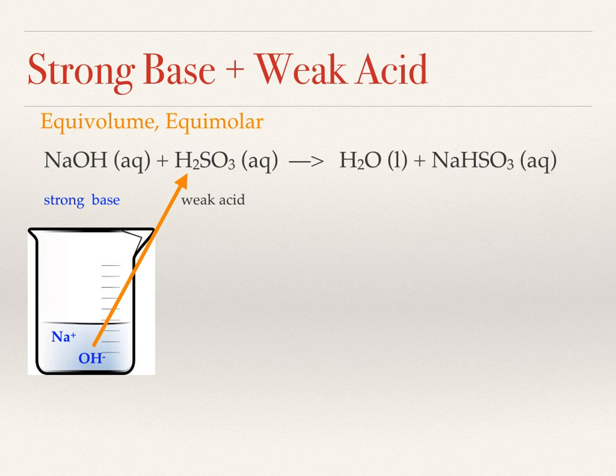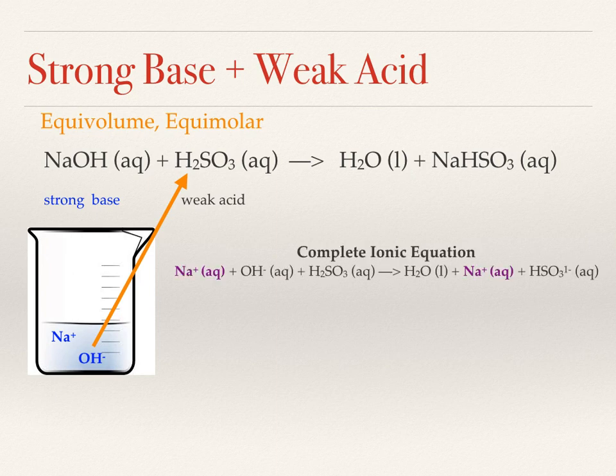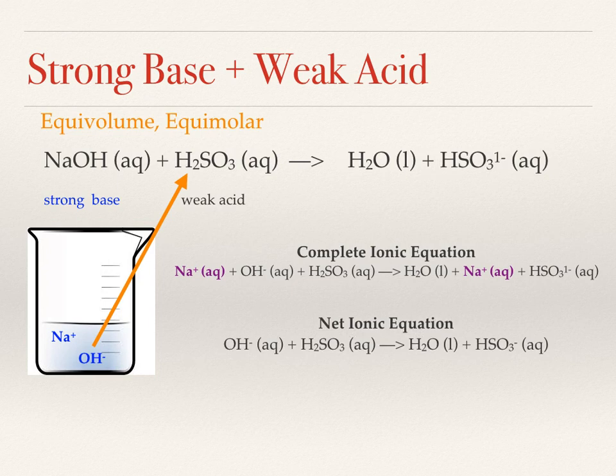From here we have our complete ionic equation separating our strong base and separating out our aqueous NaHSO3. Again, sodium, a common theme, is a spectator ion, and we are left with our net ionic equation, the hydroxide ion reacting with our weak acid, making water and HSO3-.